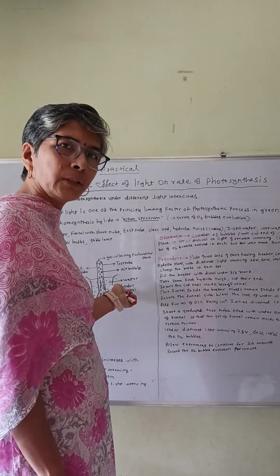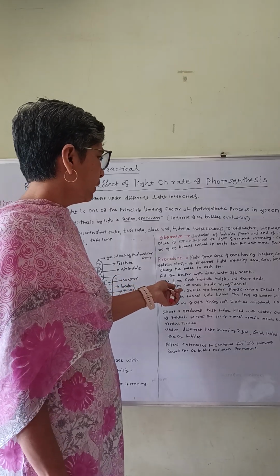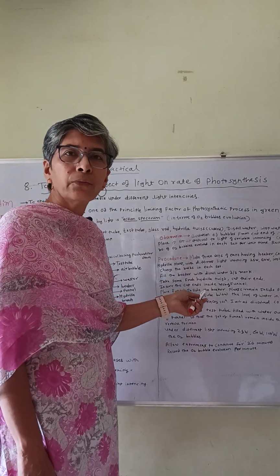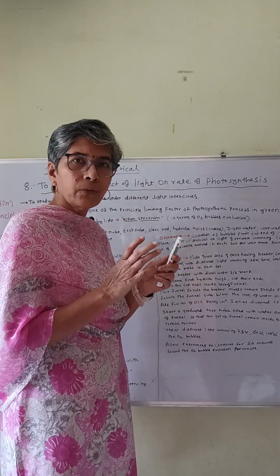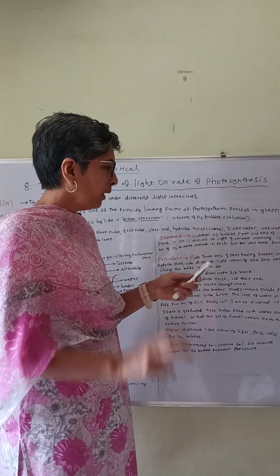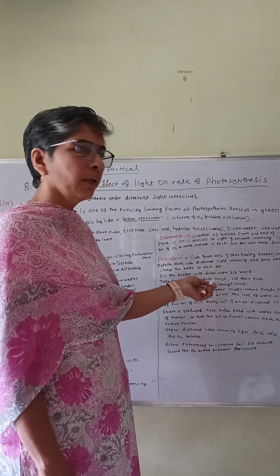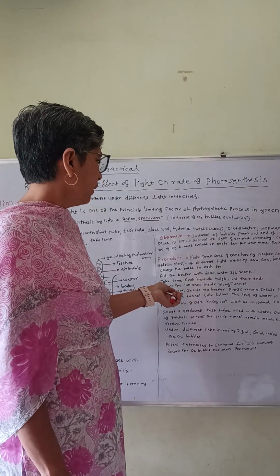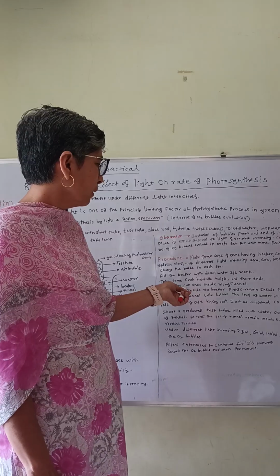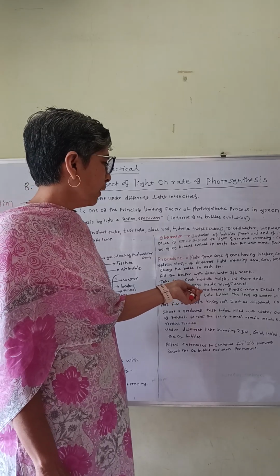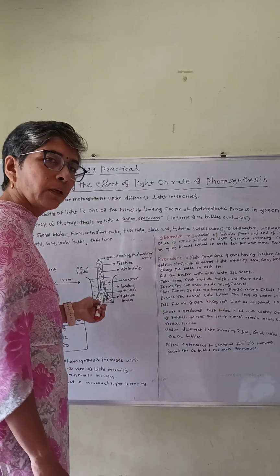See here, this is the marking for water. Take some fresh hydrilla twigs, cut their ends and use them in the conical flask. Insert the cut ends inside the neck of the funnel.